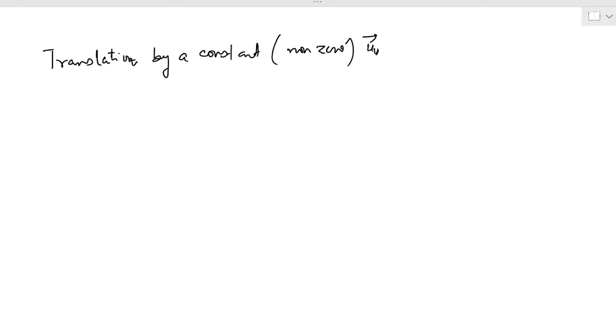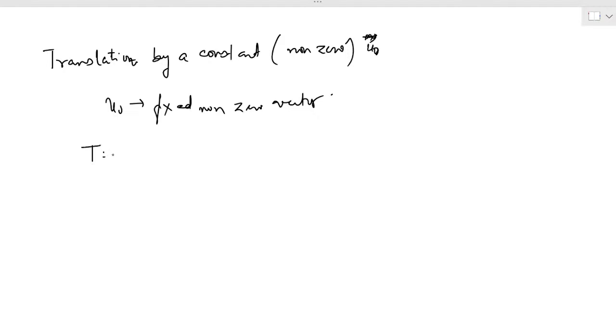Let's say u naught. I'm not writing a vector sign here, in general u naught. Let us say that u naught is a fixed non-zero vector here.